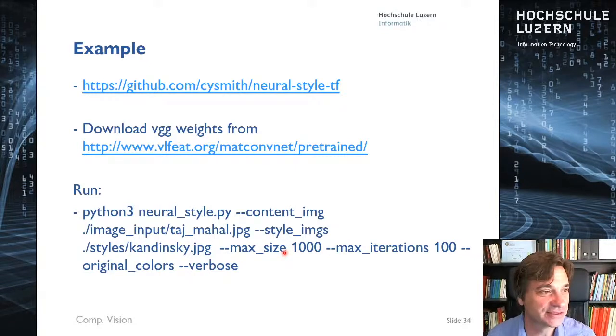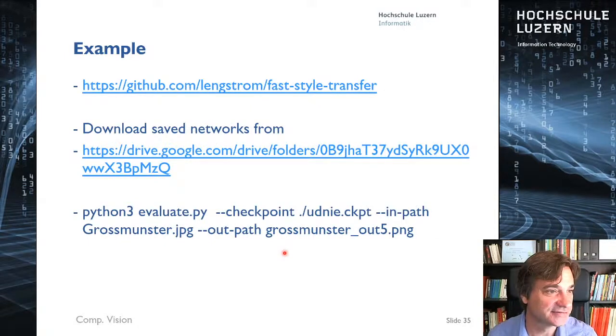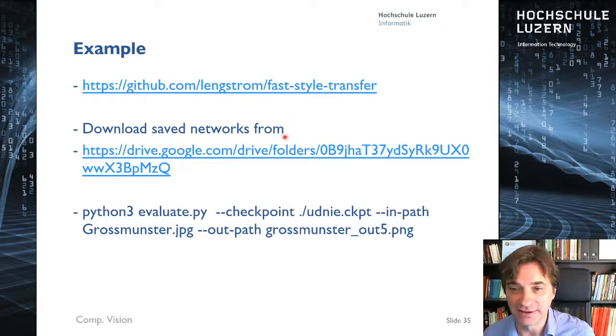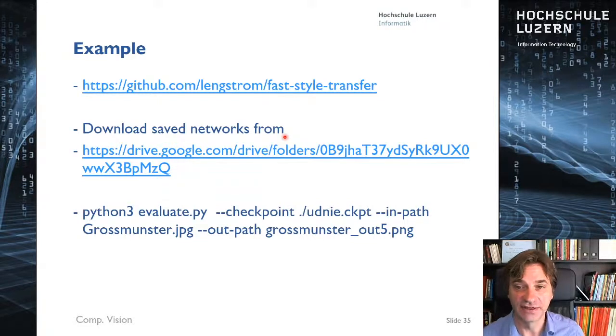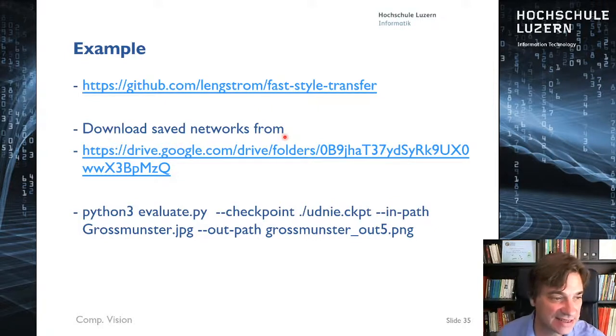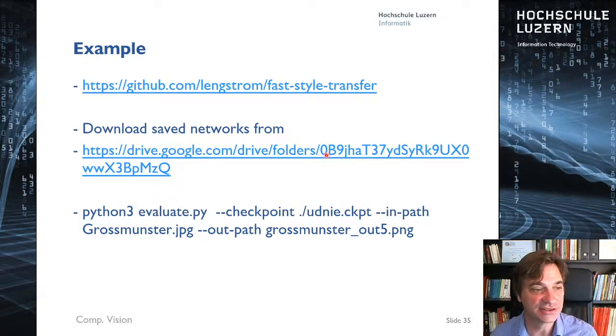If you want to try out the fast style transfer, this is a nice package available that allows you just to do the fast style transfer. In order for it to work, you either have to train your network first for a specific style, or you can just use one of the weight files that they provide for the style transfer.